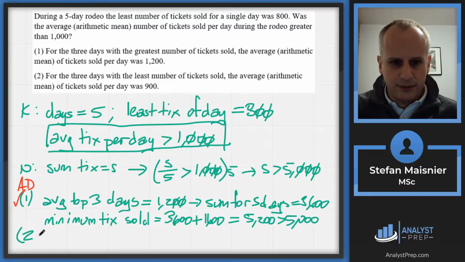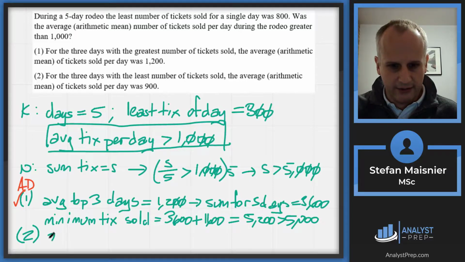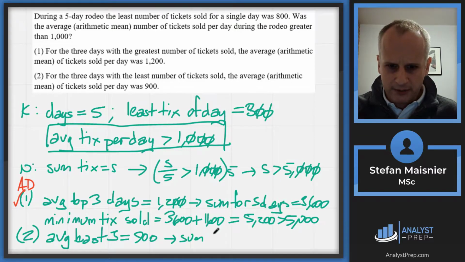Then condition 2 says that for the 3 days with the least number of tickets sold, the average of tickets sold per day was 900. So the average of the least 3 is equal to 900, which means that the sum for the least 3 is equal to 2,700.